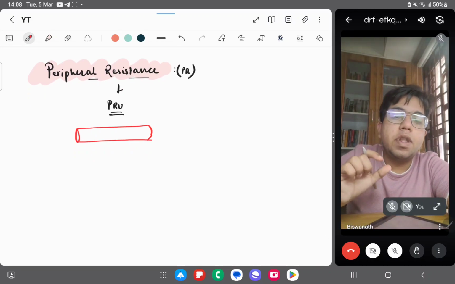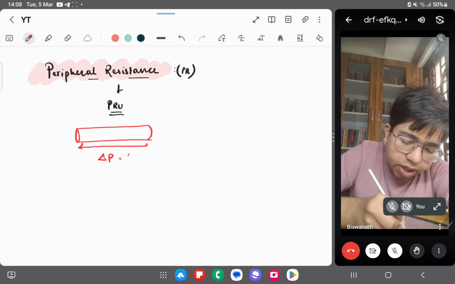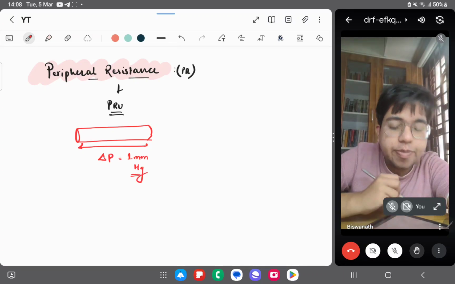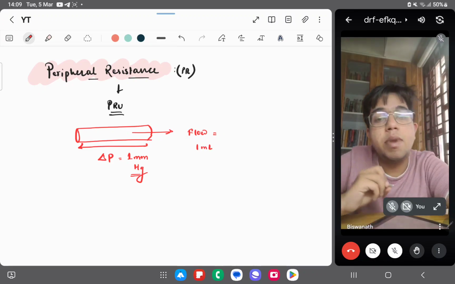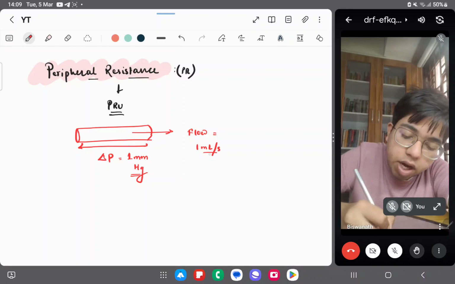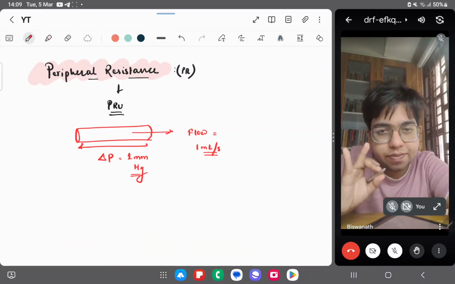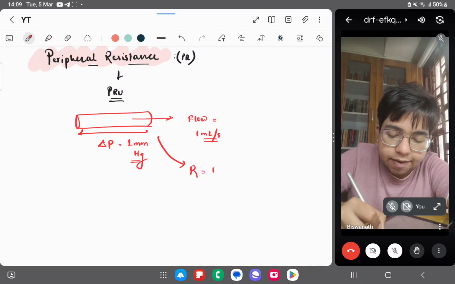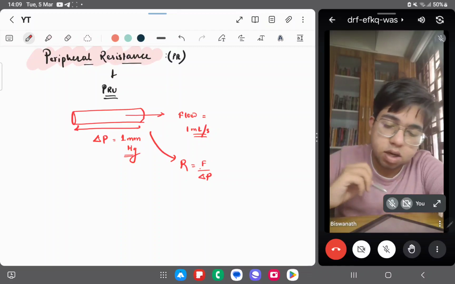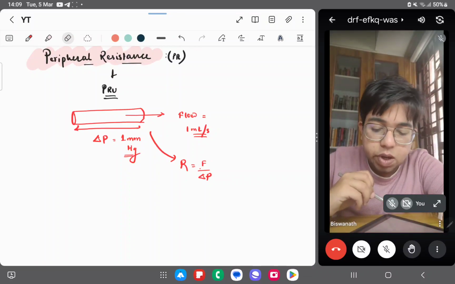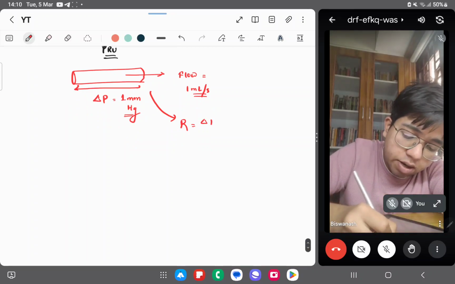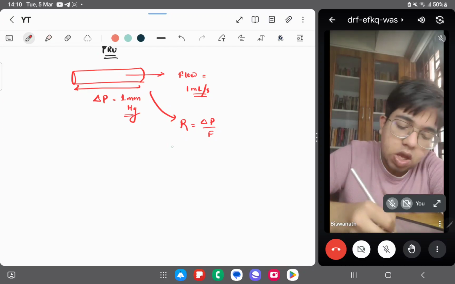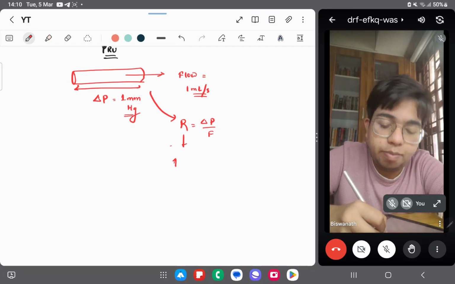If the change in pressure, the delta P, that is the pressure gradient, is 1 mmHg, and the blood flow is 1 ml per second, mark the units, very important, then the resistance R, which is given by delta P by F, sorry, I wrote R by delta P, this is delta P by F, will be known as 1 PRU.